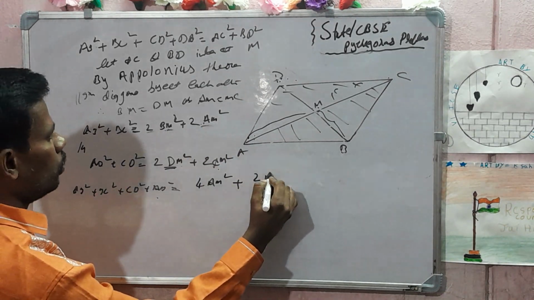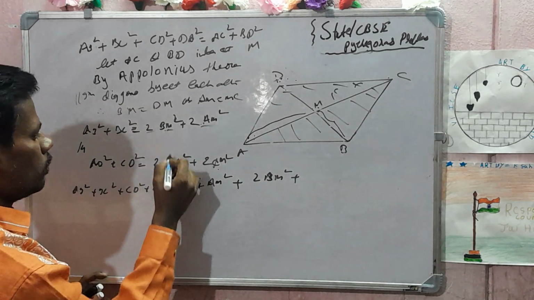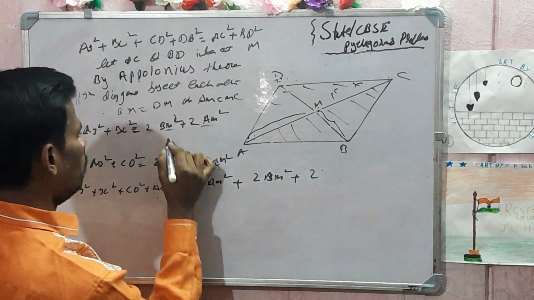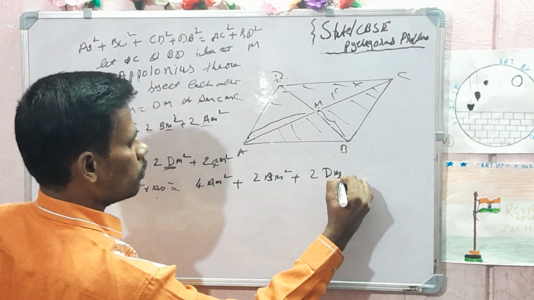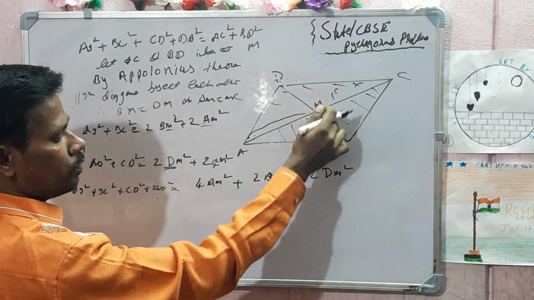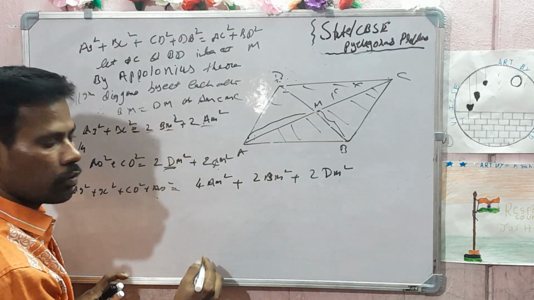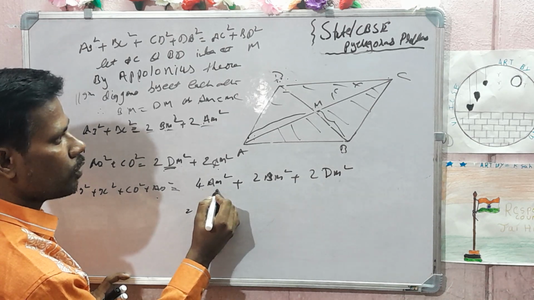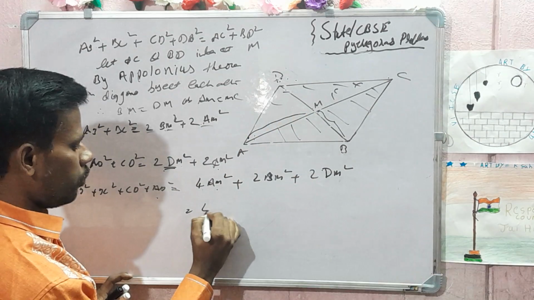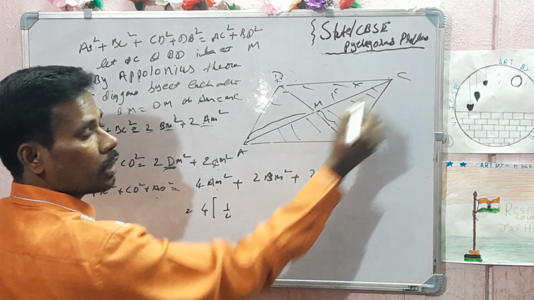Now 2 times BM square plus 2 times DM square. So BM plus DM is nothing but, what can you say here? 4AM square. AM is nothing but half of AC, right?